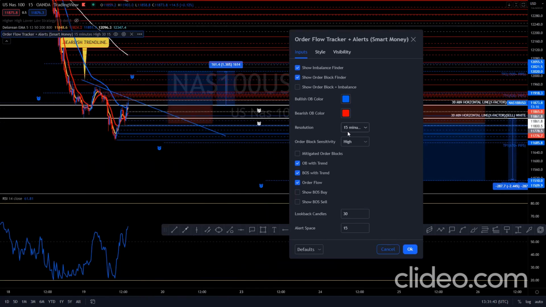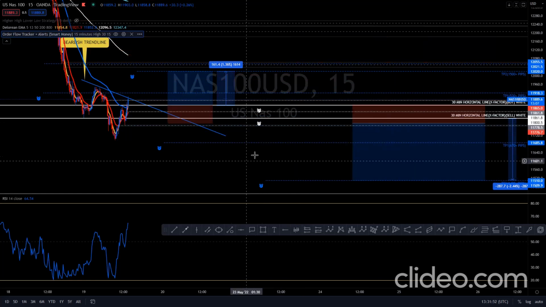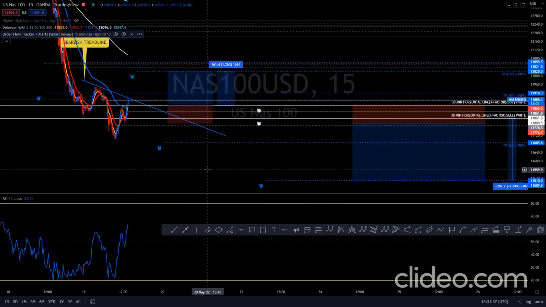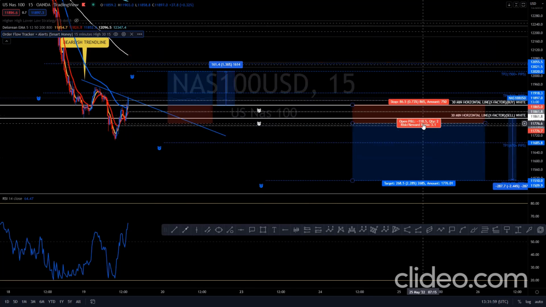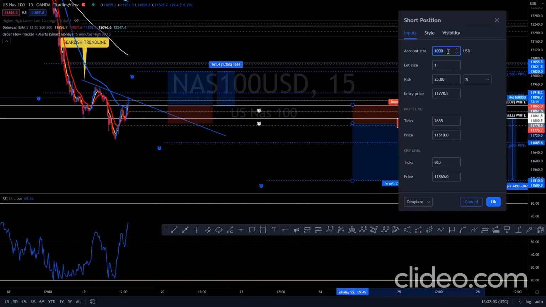Yep, that's where the wick is grabbing up on that previous order block. So it's time for me to wait. Looks like it's pushing up on it, going for the buy.